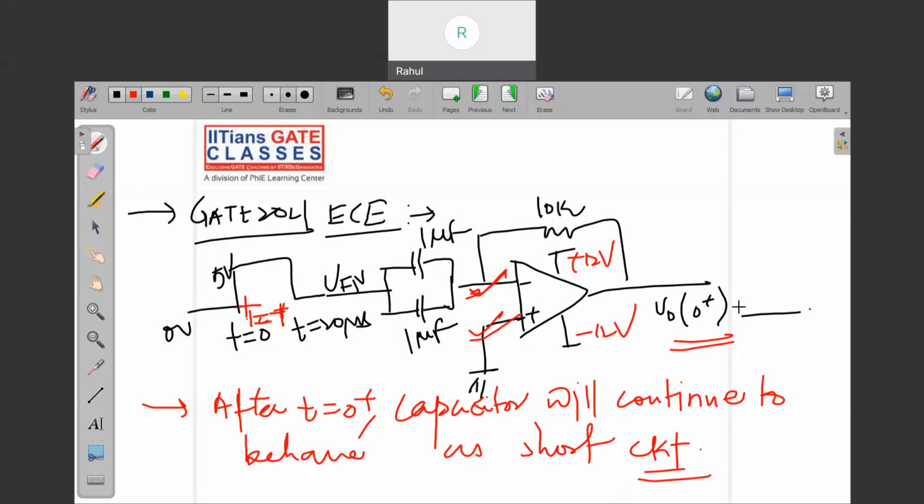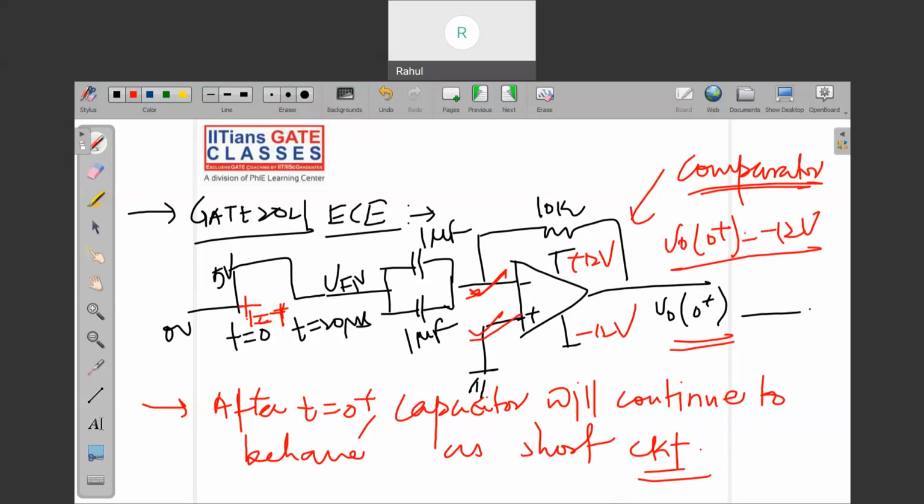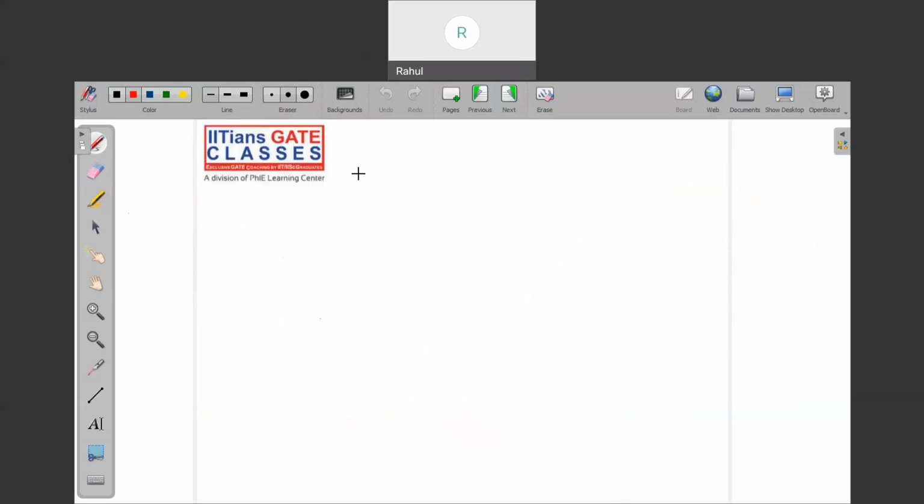So this overall circuit will behave like a comparator. So the answer for this question will be V0 plus equal to minus 12 volt, because the inverting terminal will be higher than the non-inverting terminal, right? So the answer will be minus 12. This question was asked for 2 marks, right? So you can expect a question from this in the examination, okay?